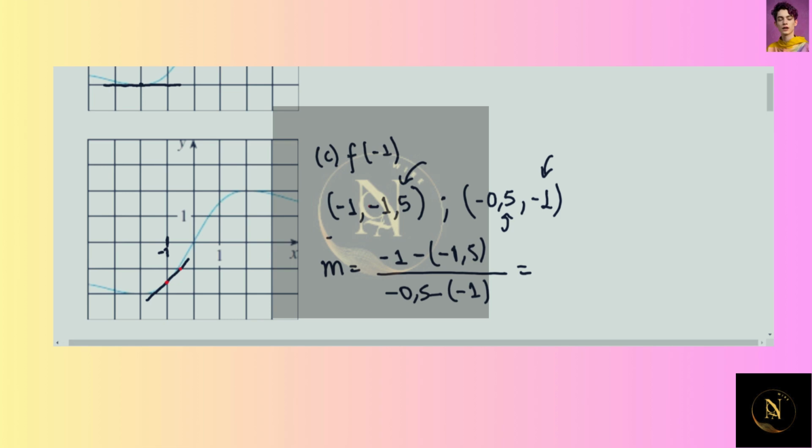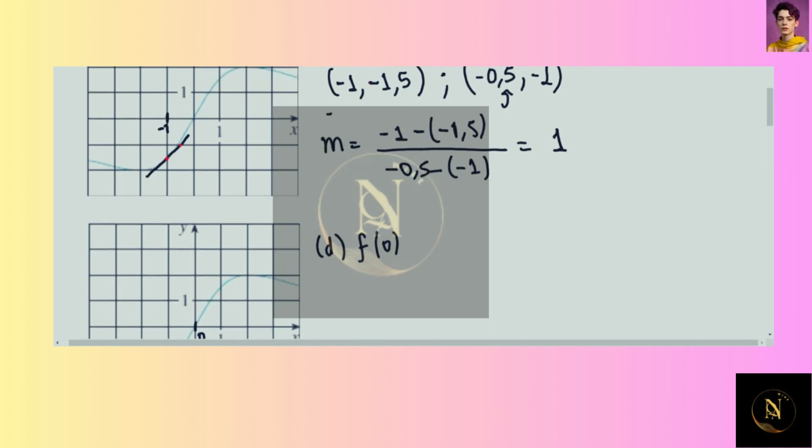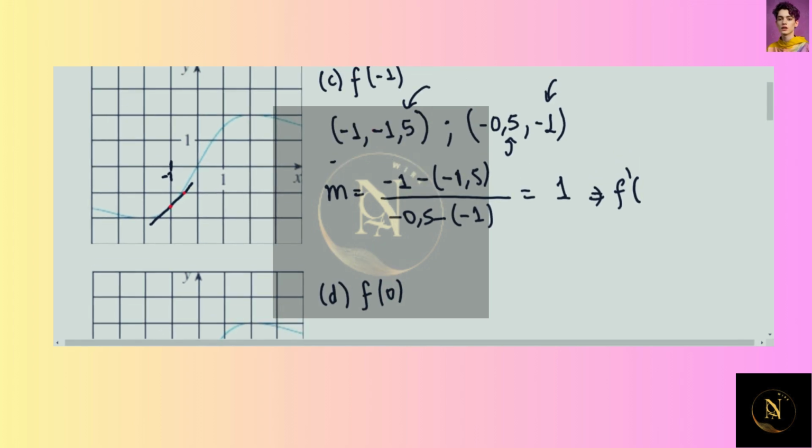So this gives us a value of 1. And so we conclude that the derivative of this function at x equal to -1 is equal to 1.